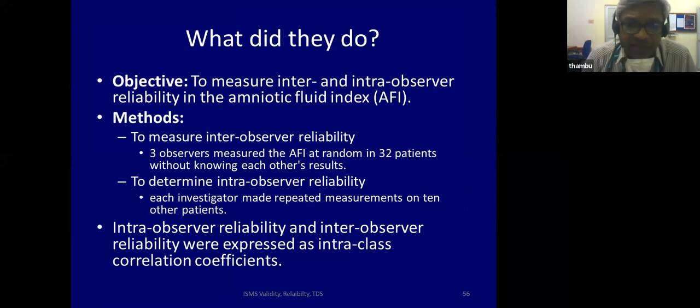To determine the intra-observer reliability, each investigator made repeated measurements on 10 other patients. Intra-observer and inter-observer reliability were expressed as intra-class correlation coefficients. I hope that's clear.